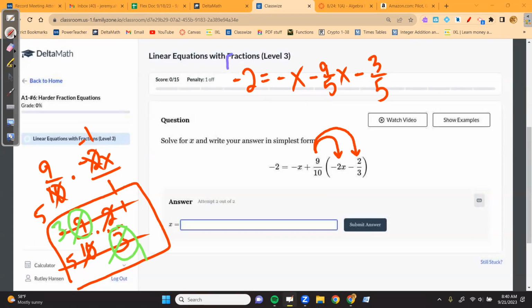Let's multiply both sides by 5. What do we get, Rutley?